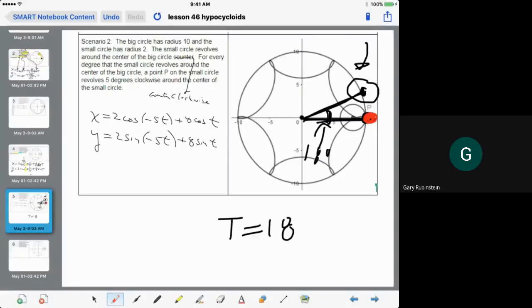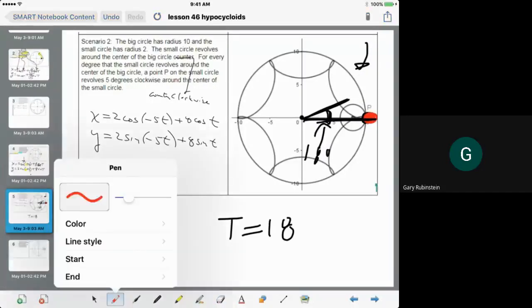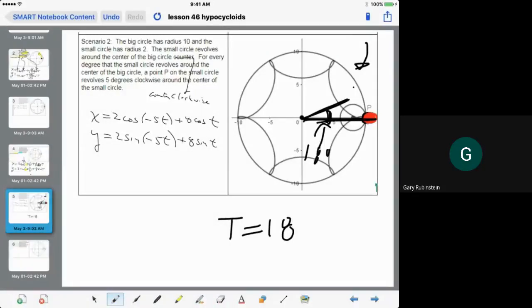Yes, Talia, the first one's the direction of the spinning, and the second one's the direction of the revolution. So where's that red point going to end up? Oh, and I'm sorry, I didn't draw this that well. I had meant to draw it over here.